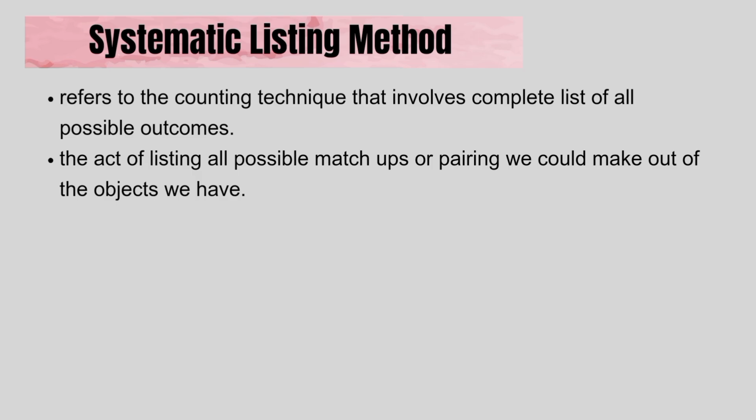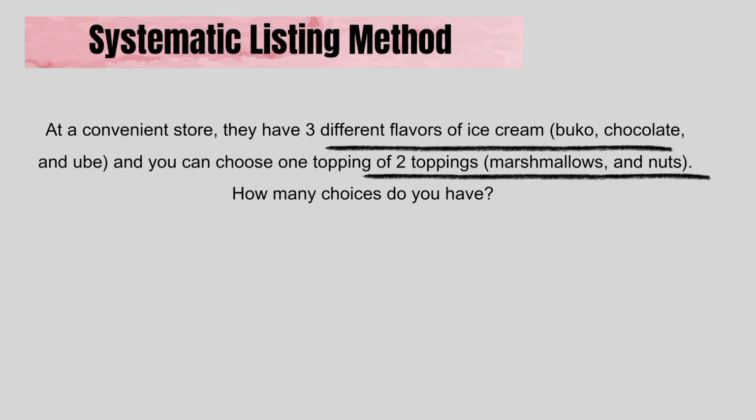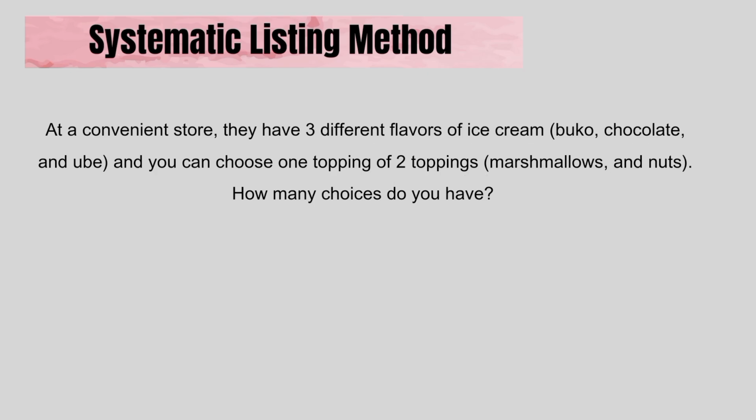So, using this method, first, we have to identify the variables or objects to make the listing possible. In the problem, the objects are the 3 flavors and 2 toppings. List down the objects based on the category it belongs.